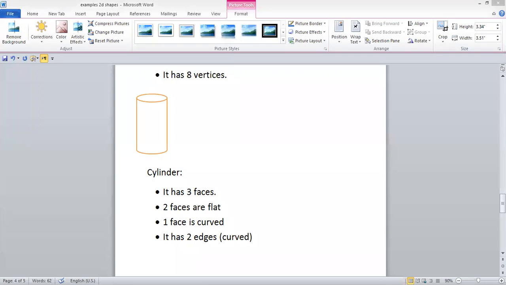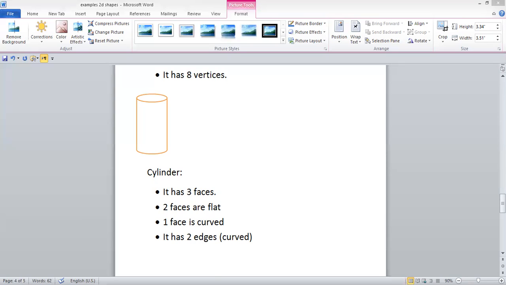Guys, if you see the cone, so there are... who is opening his mic? How many faces, edges, and vertices are there in a cone? So, a cone has only one vertex, one edge, and two faces. If you see the cone, there are two faces. One of them is flat, on which you can put something. This is flat and cannot be rolled.